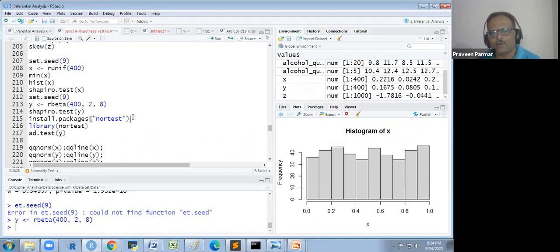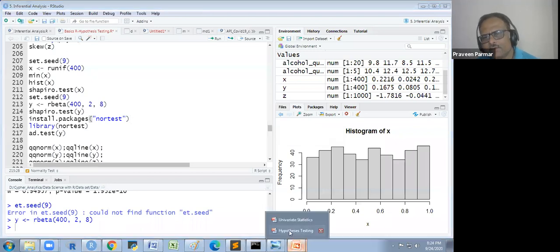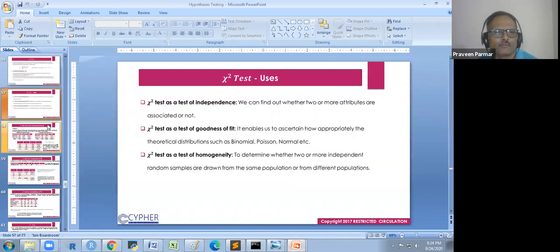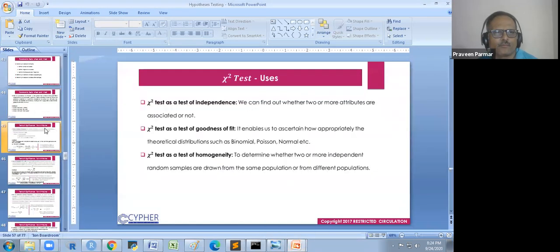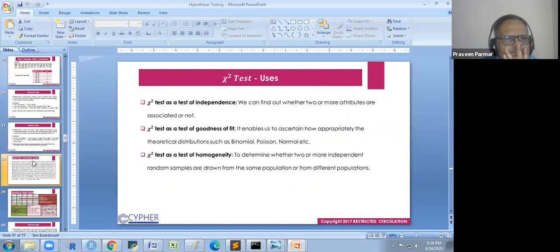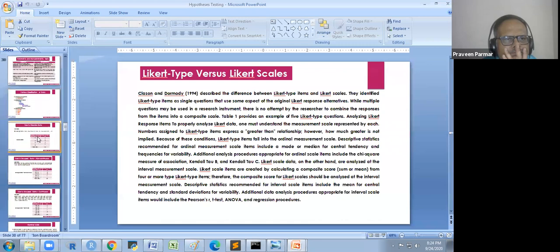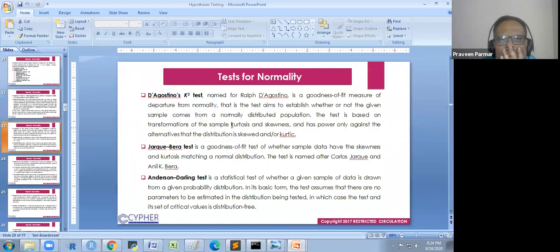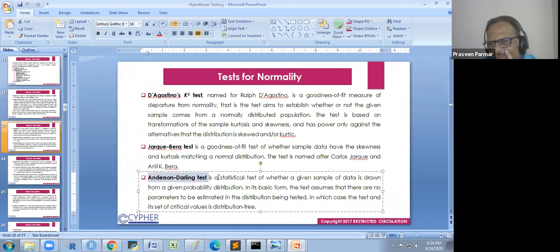We have one normality test, which is the Anderson-Darling test.